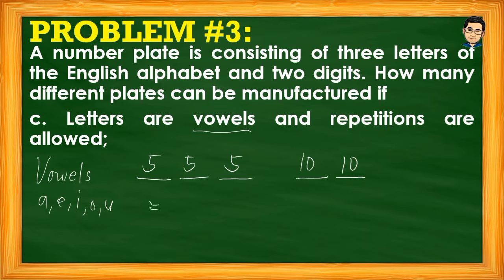So, i-multiply lang po natin yung mga numbers na sinulat natin dyan. So, 5 times 5 times 5 times 10 times 10. So, kapag minultiply po natin yung mga limang numbers na yan, ang lilitaw po na sagot, 12,500. So, 12,500 number plates.